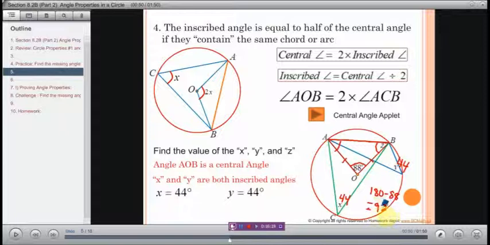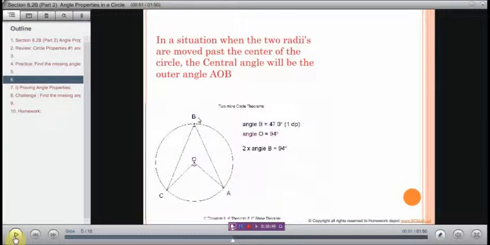So the leftover 92 degrees has to be split up equally between these two base angles. What's half of 92? 46. We're only interested in Z, so that has to be 46. So Z is part of an isosceles triangle. Okay, now a little quirky situation here.